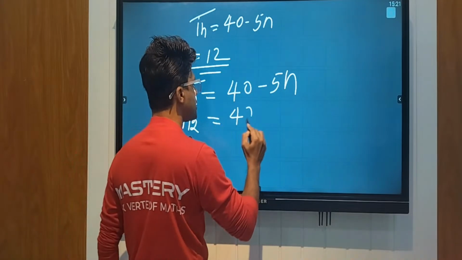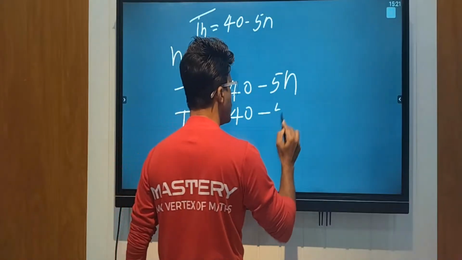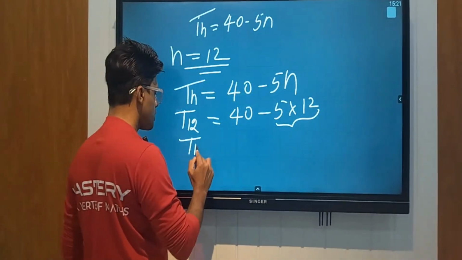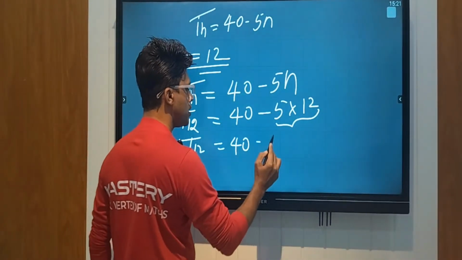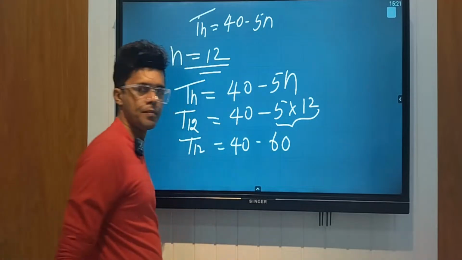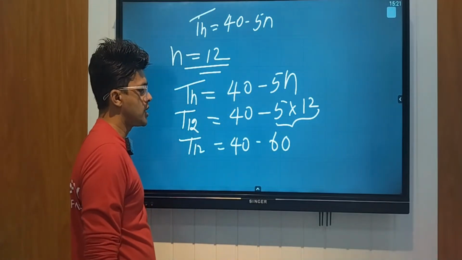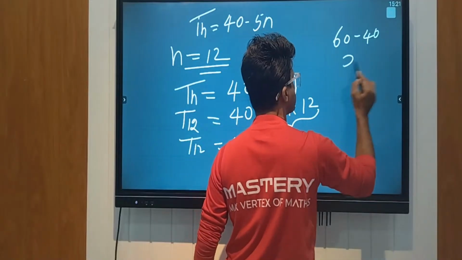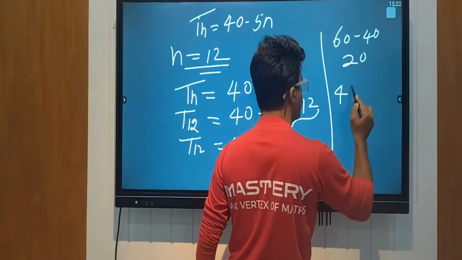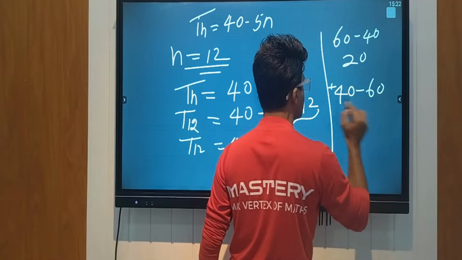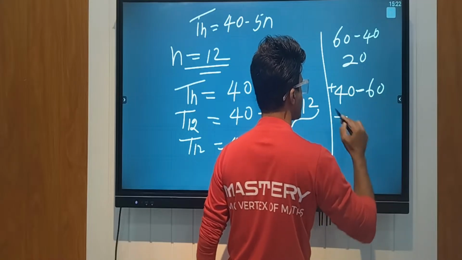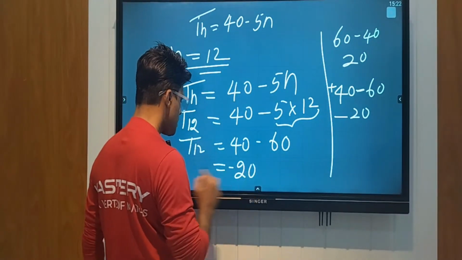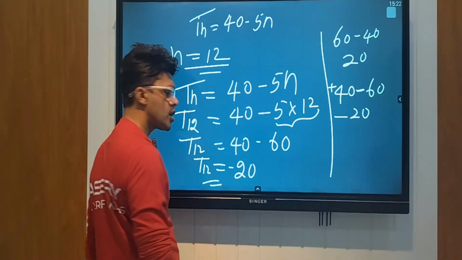So 40 minus 5 times 12. 5 times 12 is 60. Since the greater digit is 60, the answer is negative: 60 minus 40 is 20, so the 12th term is minus 20.